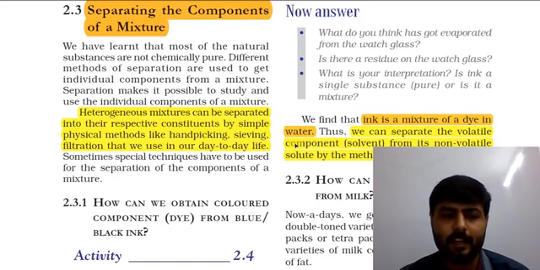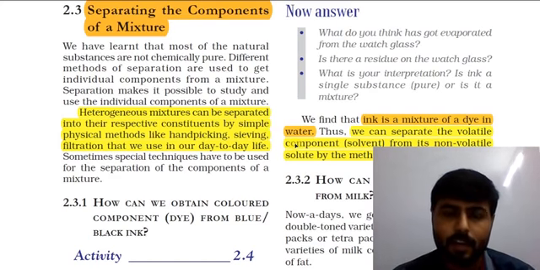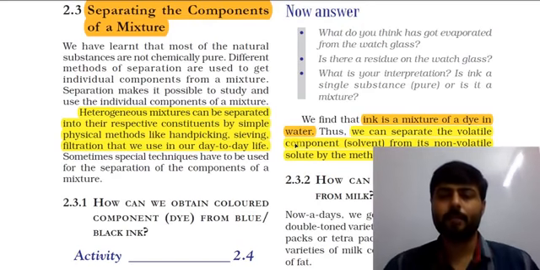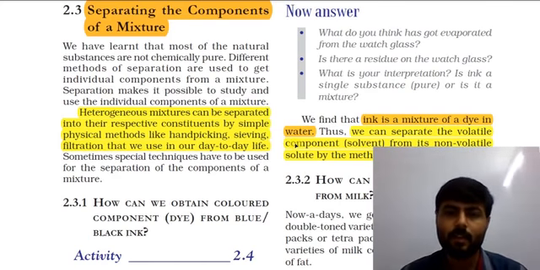We have learned that most of the natural substances are not chemically pure. Now we have understood what is chemically pure and what is chemically impure. We have seen that the word pure has a different meaning in science.